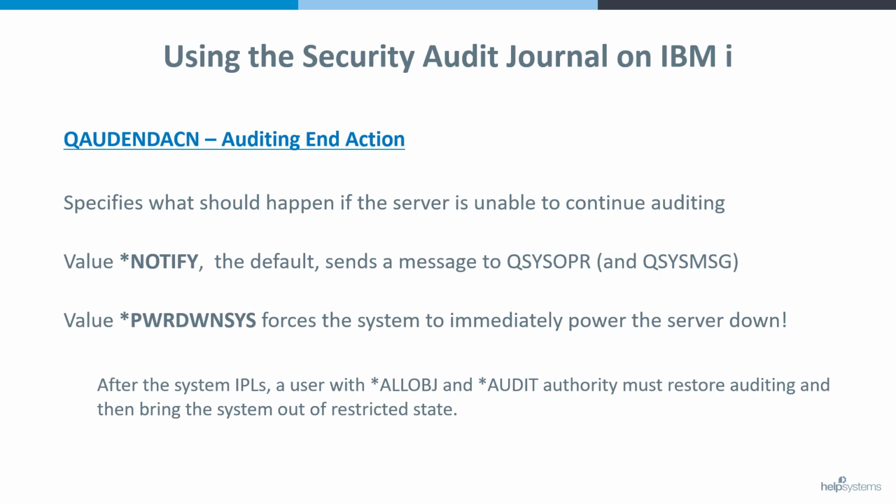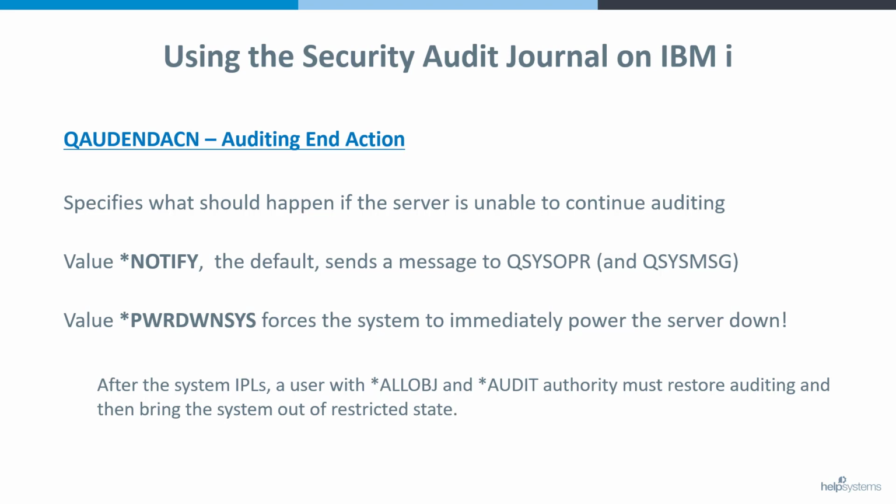If you're part of the CIA, then the PowerDownSys option most likely is your only choice because there is no scenario where they will not want a possibility of an action being audited. If you do choose that, then just be aware the system is going to go down, and after the system does complete its IPL or partially completes its IPL, a user that carries all object and audit special authorities must turn the auditing back on and then bring the system out of the final restricted state.